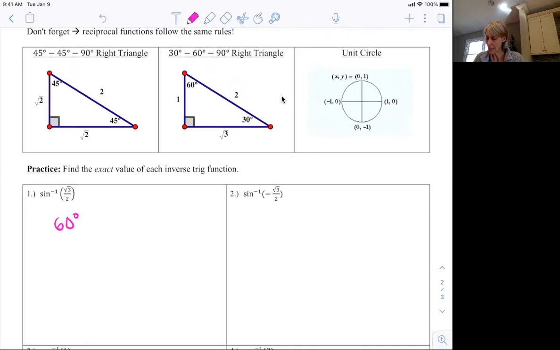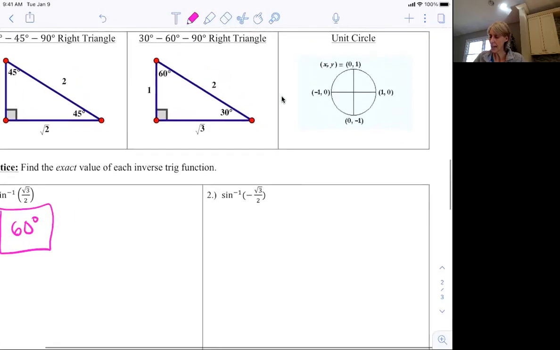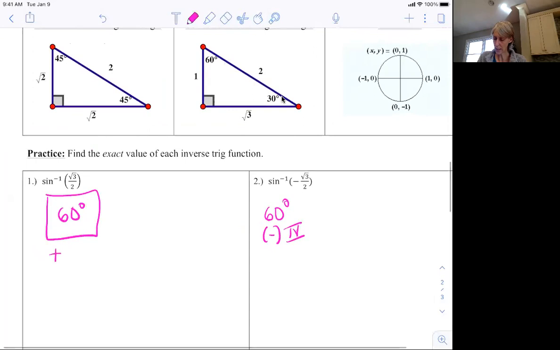If I look at example 2, there's your answer. The angle whose sine is negative radical 3/2. Again, it's going to be a 60-degree angle. That's where I get my ratio radical 3/2. But now I need to adjust for this sine. So I'm going to have a 60-degree angle, but since my function value is negative, I'm using the fourth quadrant.